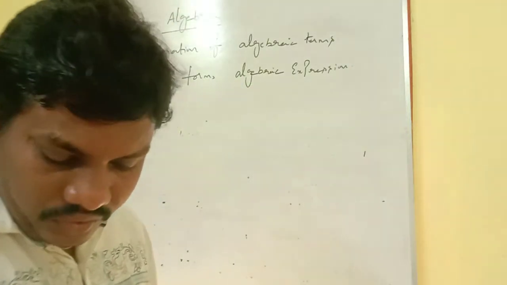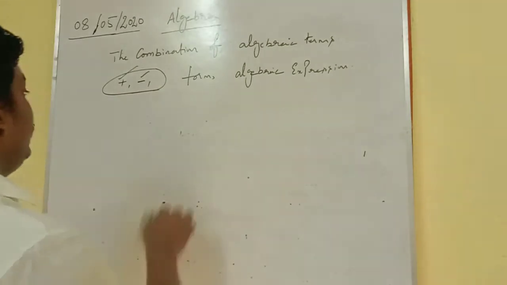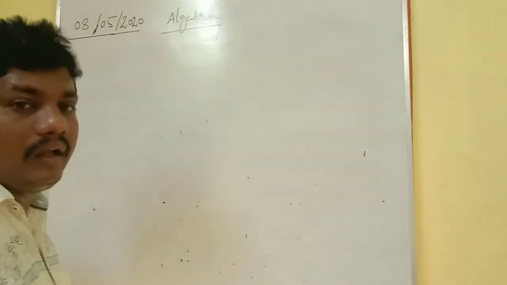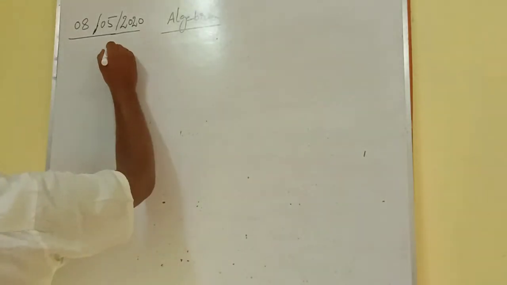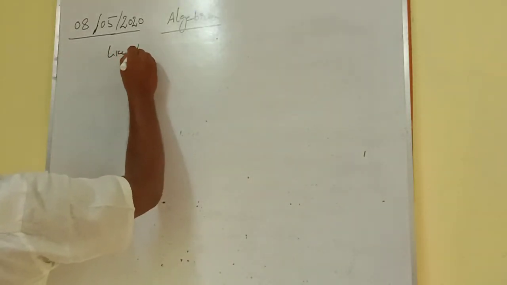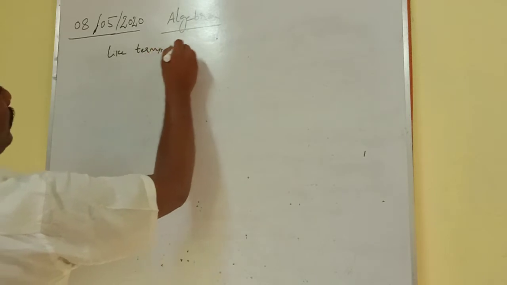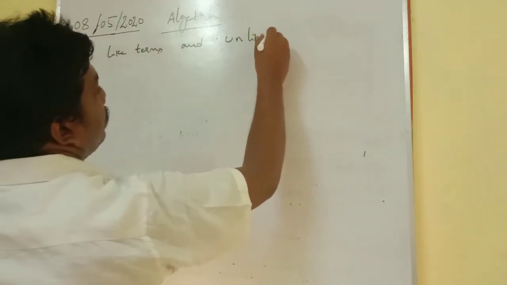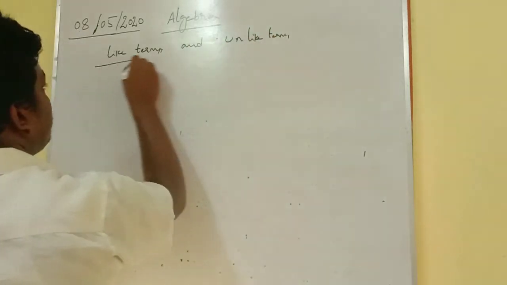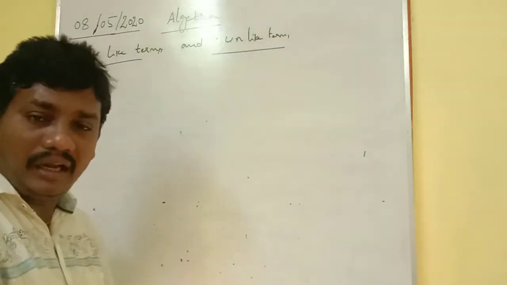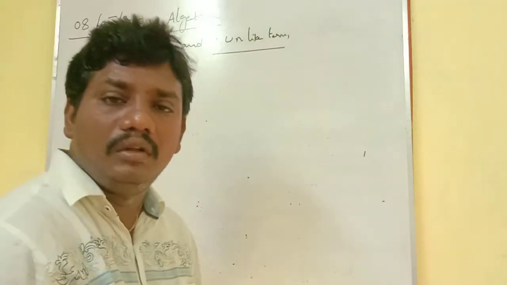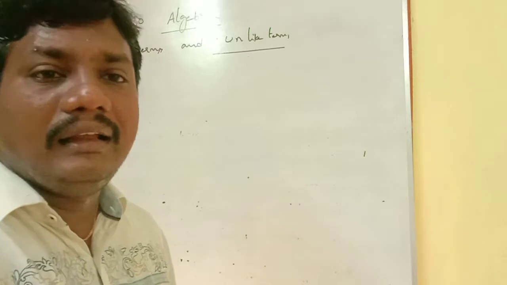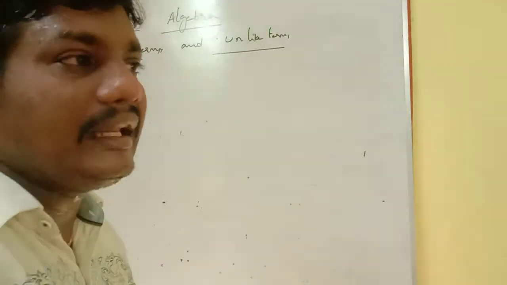Now one of the main points is like terms and unlike terms. What are like terms and unlike terms? Algebraic terms which have the same variables are like terms.